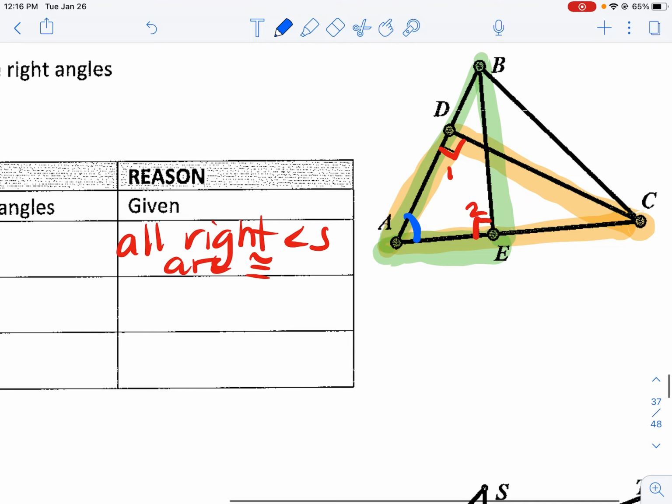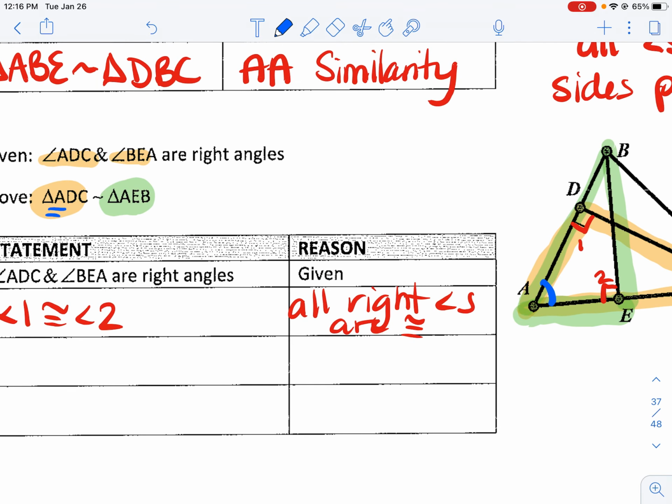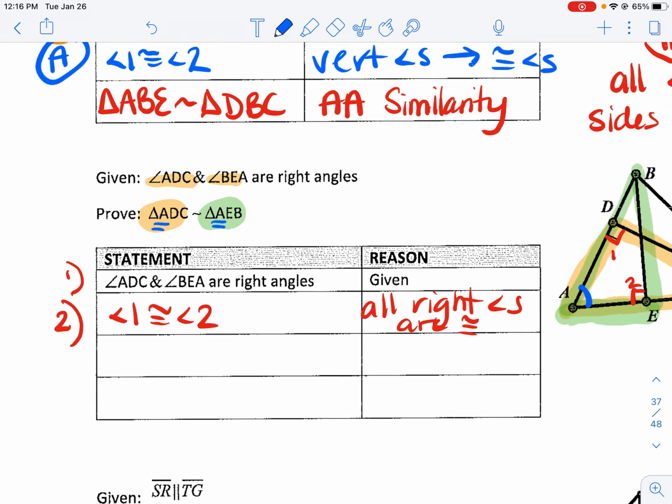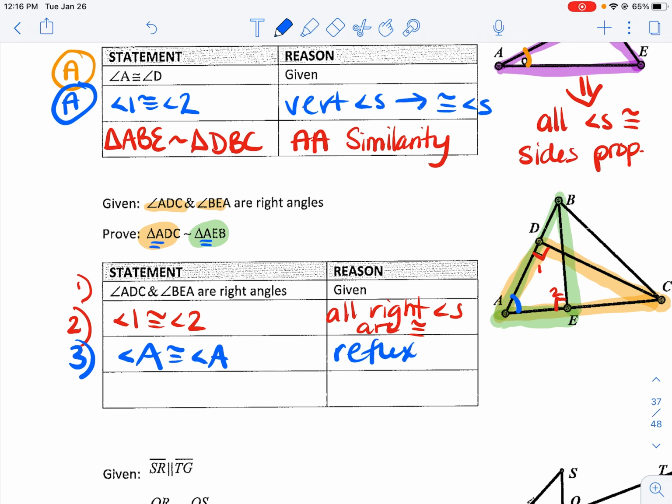Angle A is part of both, and you can also see that in their similarity statement. Here's A, here's A. So actually, we haven't done too many problems like this, but since A is the same measure in both triangles, guess what that means? It means angle A is congruent to angle A using our old friend, the reflexive property. He's a good old friend.